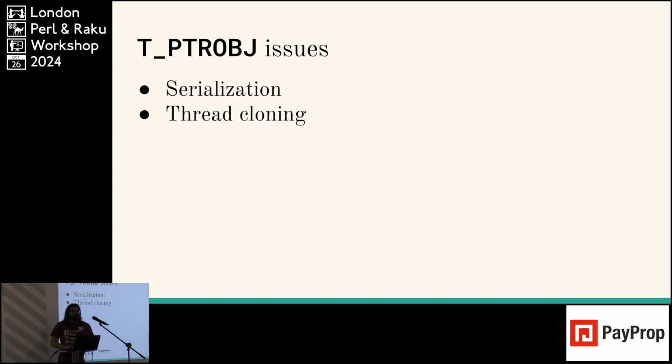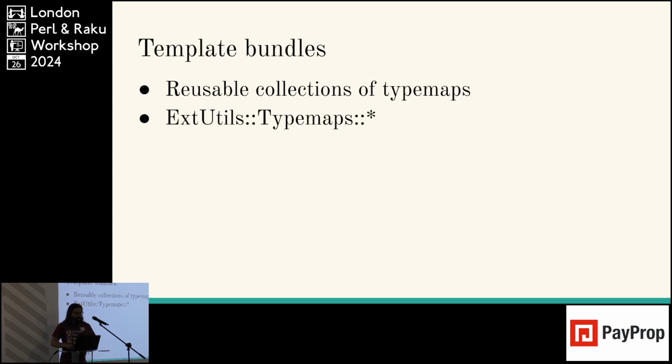But there are solutions for this, because there are other templates to do this. They're just not in core. And that's where template bundles come into play. There are template bundles on CPAN, again, that you can reuse to make all of this easier.